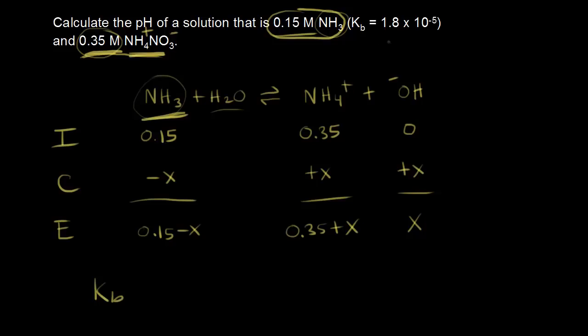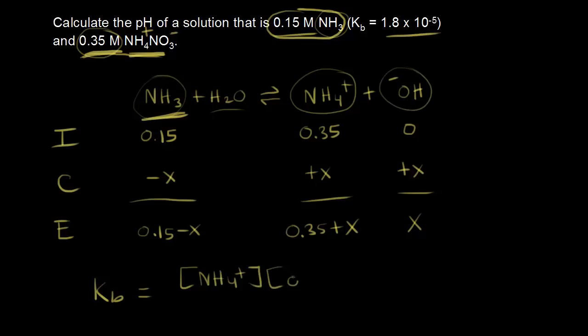Right? And Kb for ammonia is 1.8 times 10 to the negative 5. So this is equal to concentration of our products over reactants. So we have the concentration of NH4 plus times the concentration of OH minus, all over the concentration of our reactants, leaving out water, so we have just ammonia here, so concentration of NH3.